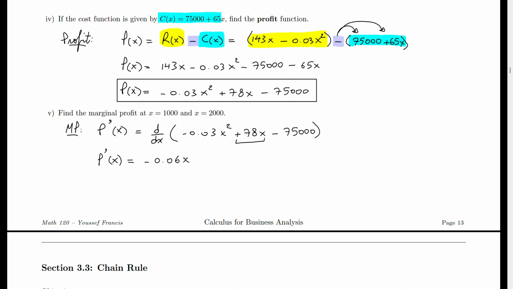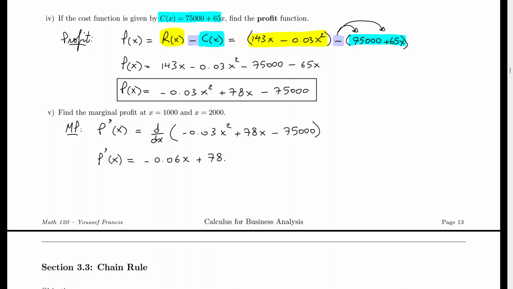The 78 is just going to hang out, and the derivative of x is 1. And 78 times 1 is just 78, so I'm not going to write the 1. Finally, minus the derivative of 75,000, which is going to be 0, and we're not going to bother writing it down. So this is the marginal profit equation. It's a simple little equation, negative 0.06x plus 78.